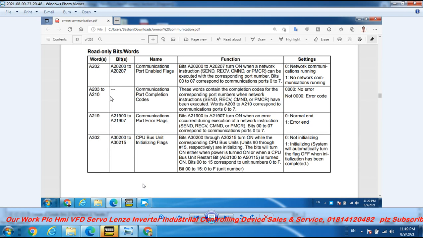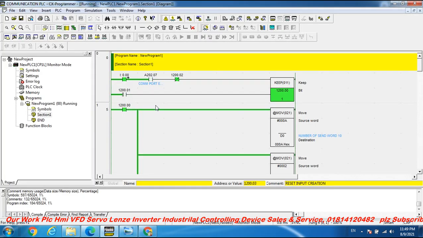A202.01 is the communication port completion flag, and A302 is the CPU bus unit initialize flag. Then in the PLC program, A202.07 is the communication port enable flag.